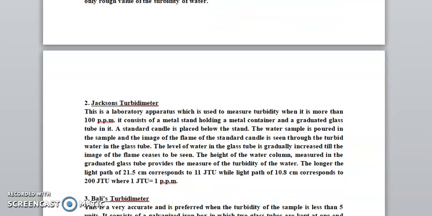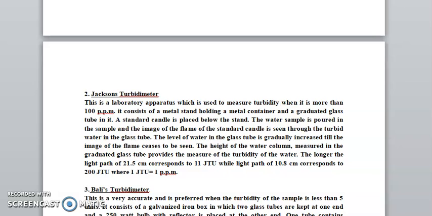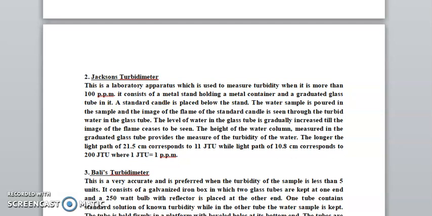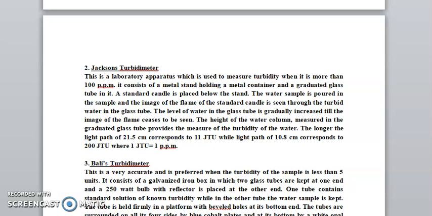Baylis turbidimeter: this is very accurate and performs well when the turbidity of the sample is less than 5 units. It consists of a galvanized iron box which has two glass tubes kept at one end, and a 250 watt bulb with a reflector is placed at the other end. One tube contains a standard solution of known turbidity, while in the other tube the water sample is kept.